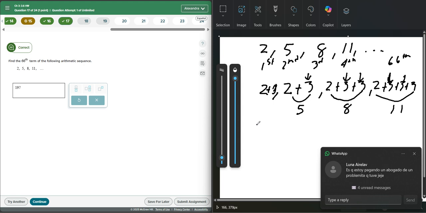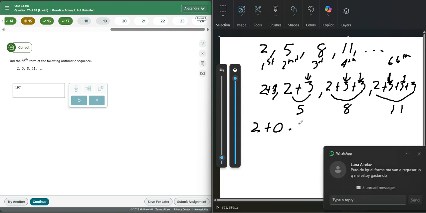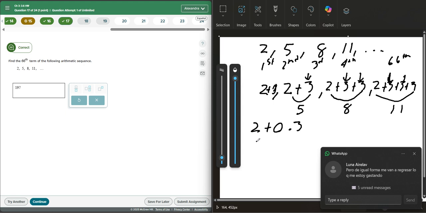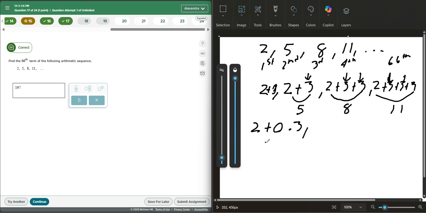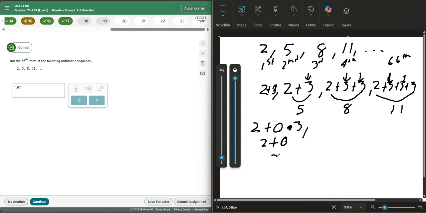So we have to look at it this way. Imagine it's going to be 2 plus 0 times 3. So this is going to give us the first term, and if you do the math, 0 times 3 is 0. 2 plus 0 equals 2.